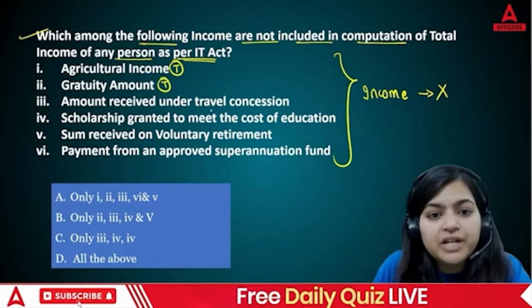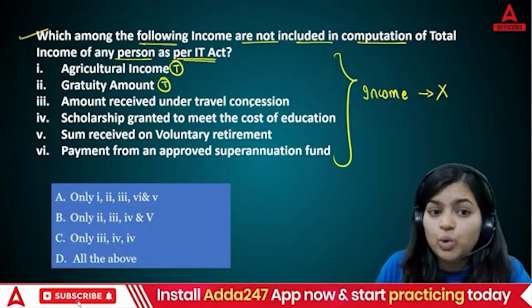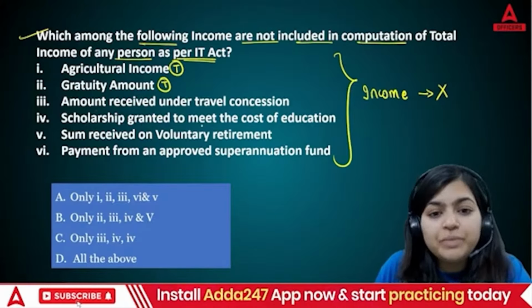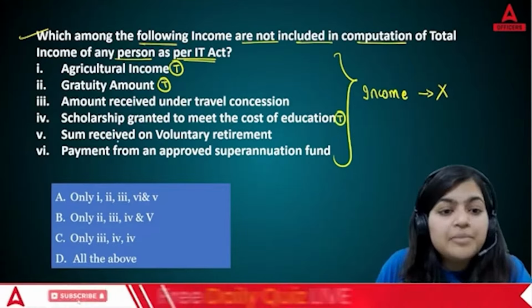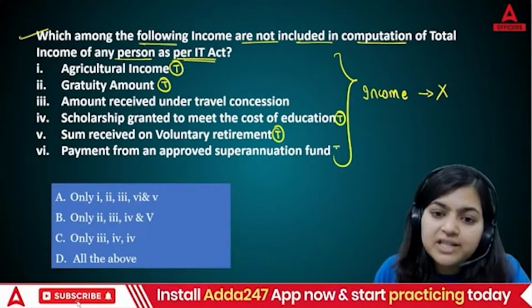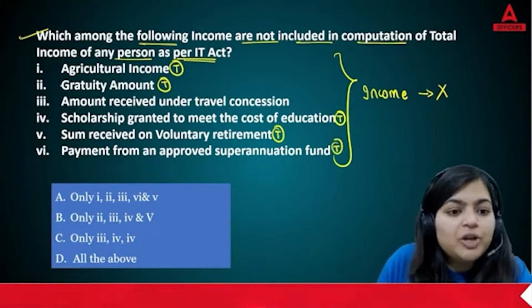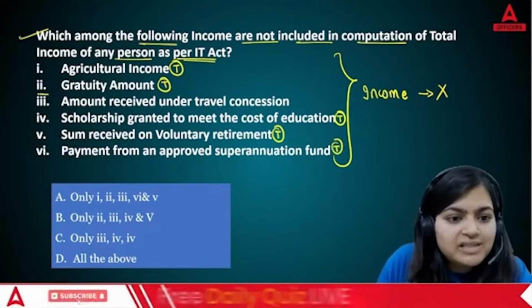Amount received under travel concession, we need to hold this. Scholarship granted to meet the cost of education, this is true. Sum received on voluntary retirement, true. Payment from an approved superannuation fund, this is true. Except your third point, all of the options are correct.